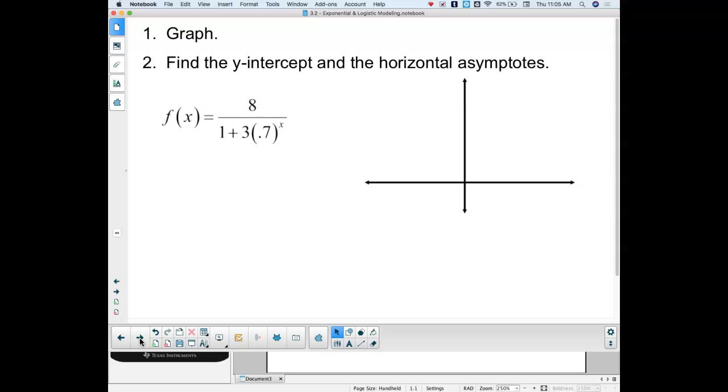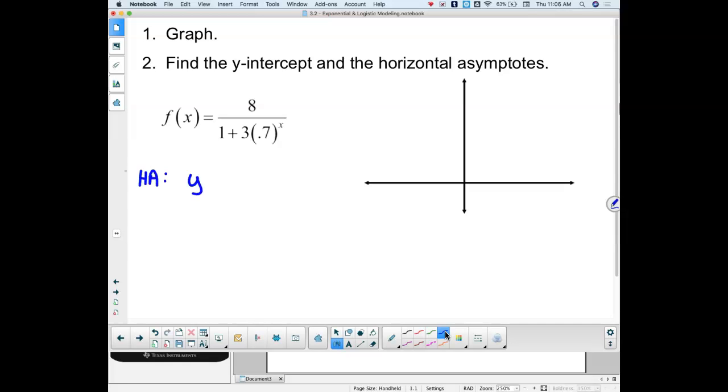How I go about graphing a logistic function is I first start with the horizontal asymptotes. There are two of them. The first is at y equals 0.